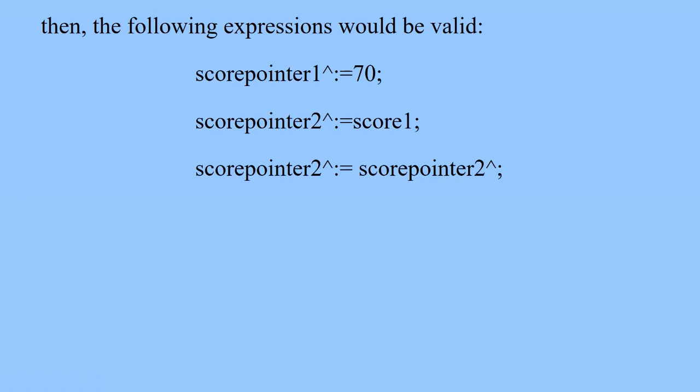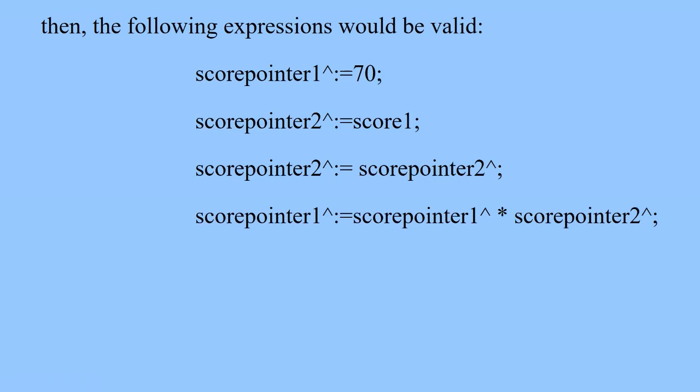The content of the memory location being pointed to by score pointer 2 is read and assigned to the memory location being pointed to by score pointer 2.